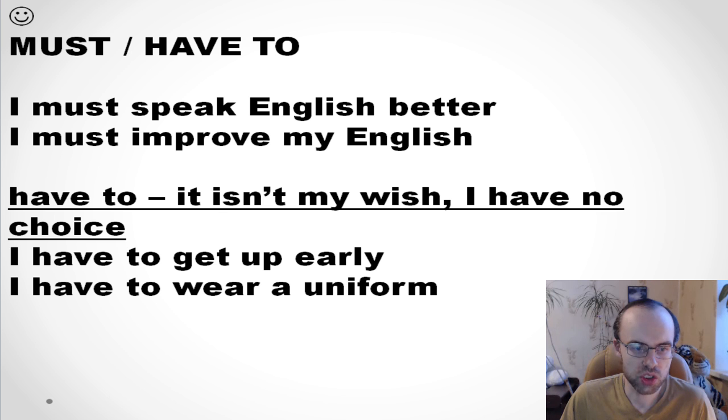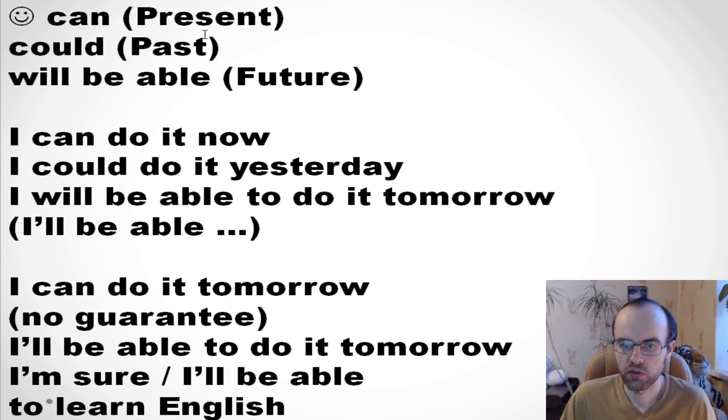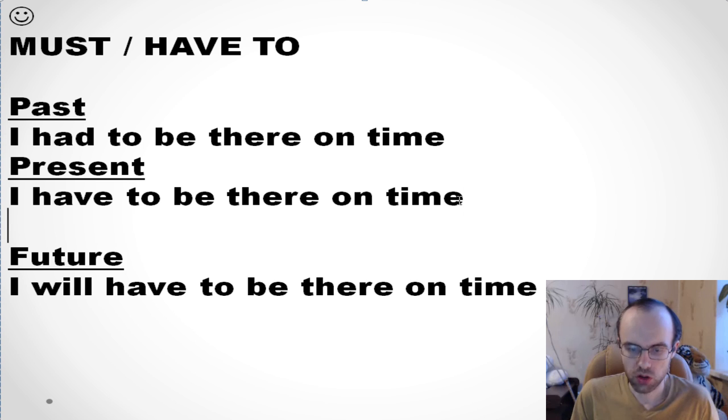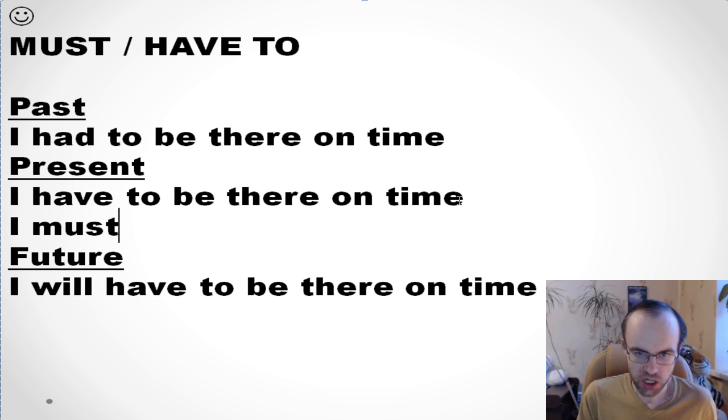So you see that we talked about can for present, past and future. Let's do the same with must for past, present and future. I think it's a good idea. If we look at the present time, have to or must, you can say I have to be there on time, or I must be there on time.